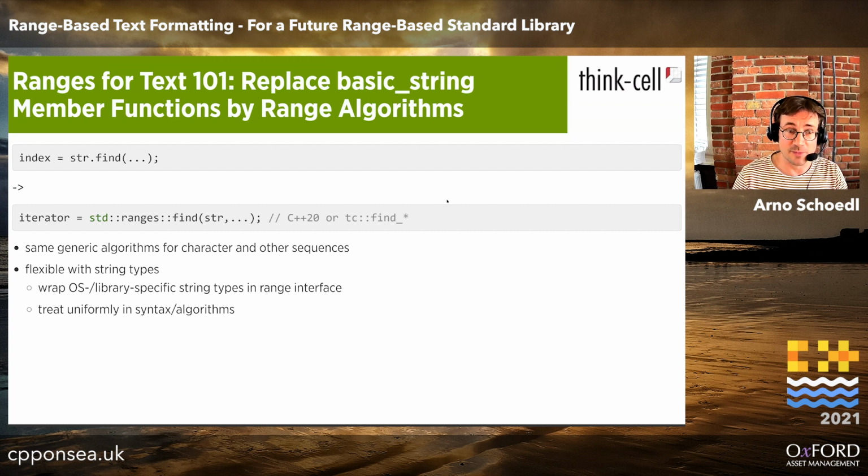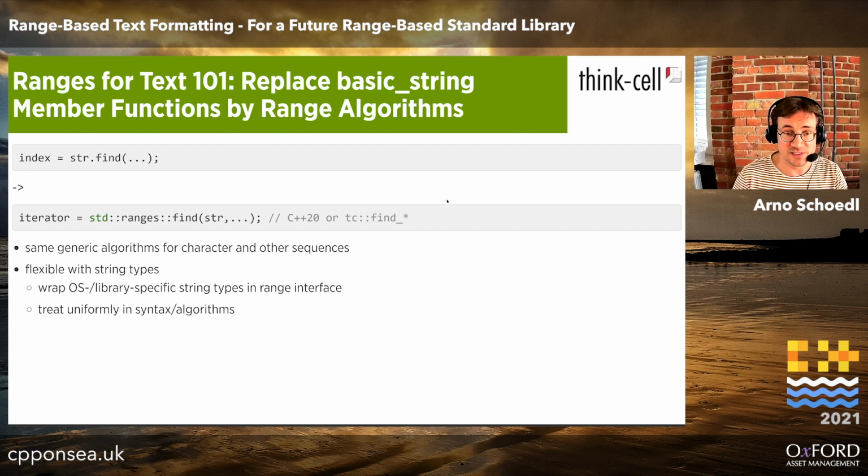Even if you have an operating system or library-specific string, it's usually pretty simple to wrap it into a range interface, basically just by implementing a freestanding function object begin and end that gets suitable pointers or iterators out of that object, and then you can iterate over it, and suddenly it's a range.